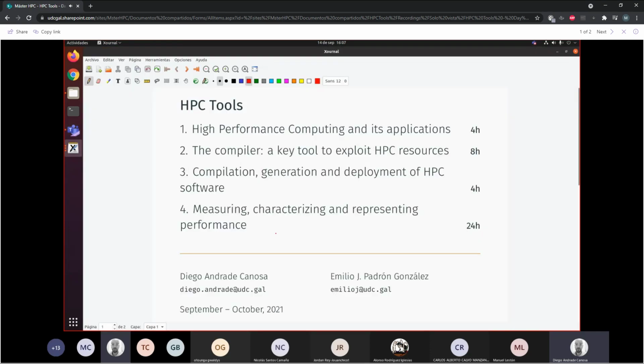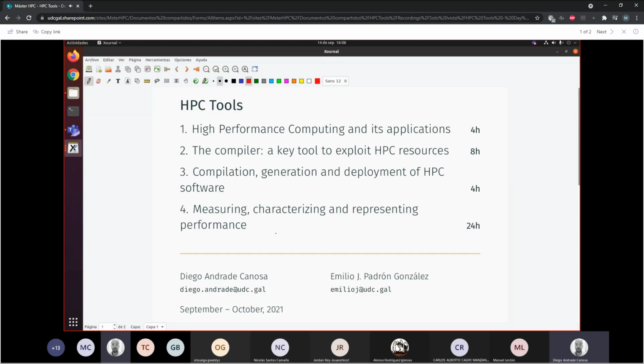And then in order to exploit the resources of that supercomputer or cluster or very good computer, you need to do some kind of parallel programming, or at least to be able to exploit somehow the high performance capability of the computer. So this subject that we are starting today is an optative subject within the master.